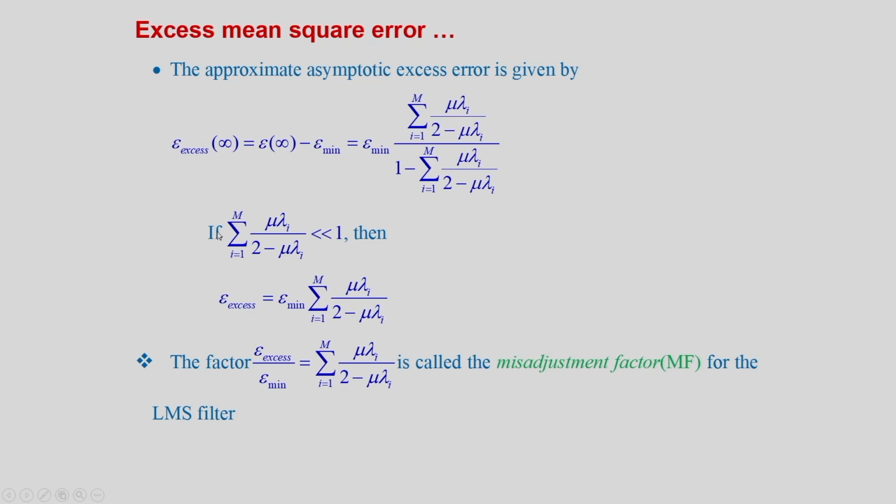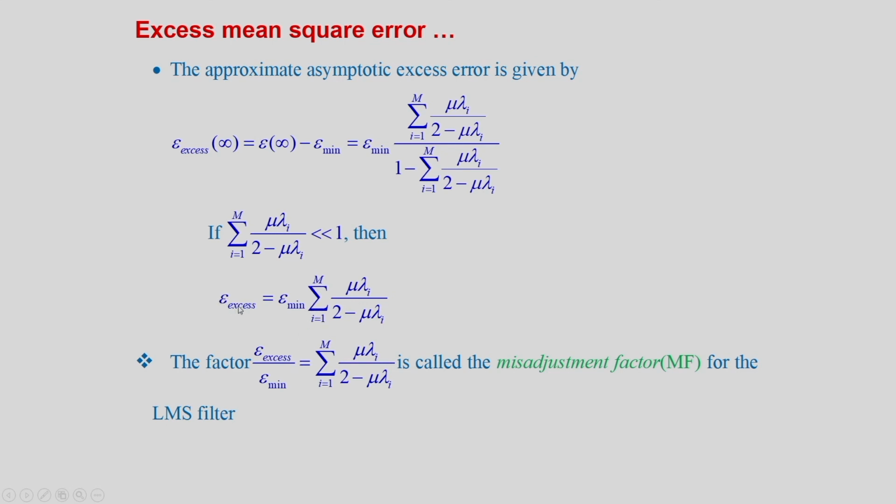We will make now some assumption, some simpler approximation. Suppose this quantity is much smaller than 1, then denominator will be simply 1, so that we can write epsilon excess, that is the excess mean square error, is equal to epsilon min times summation mu lambda i divided by 2 minus mu lambda i going from 1 to m.